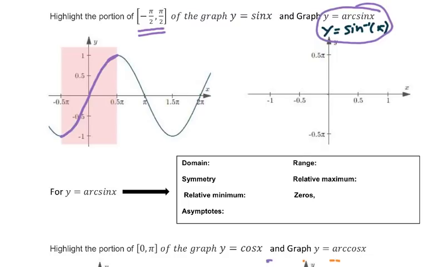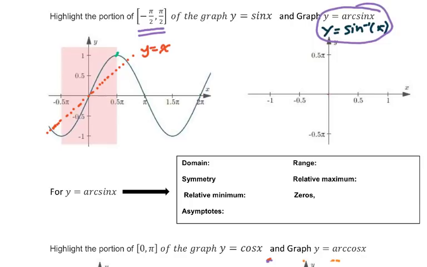Anyway, we need to draw the y equals x line. This is the y equals x function. Then you can reflect this portion, negative pi over 2 to pi over 2, over y equals x.